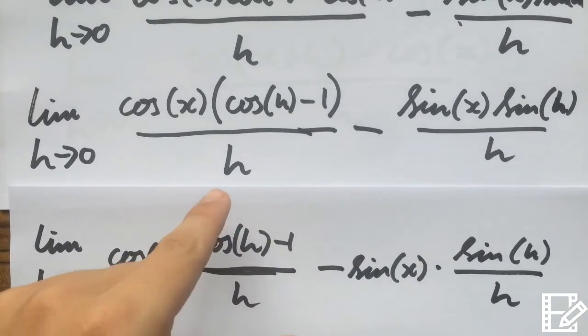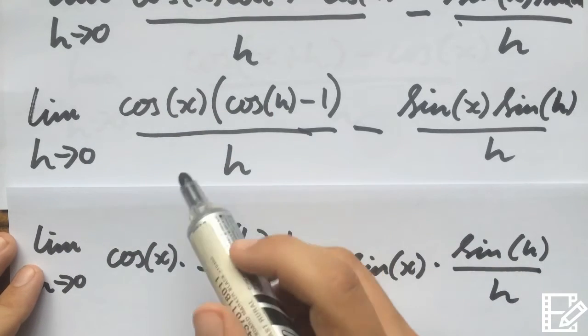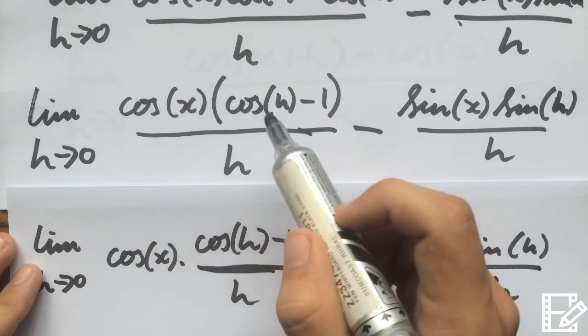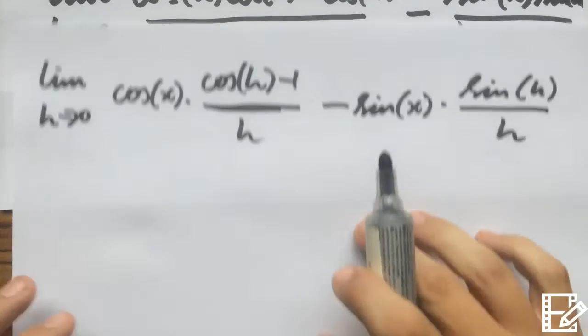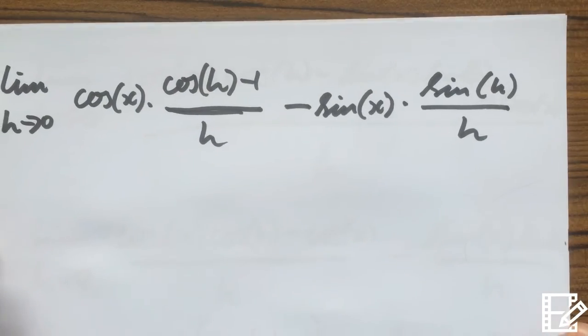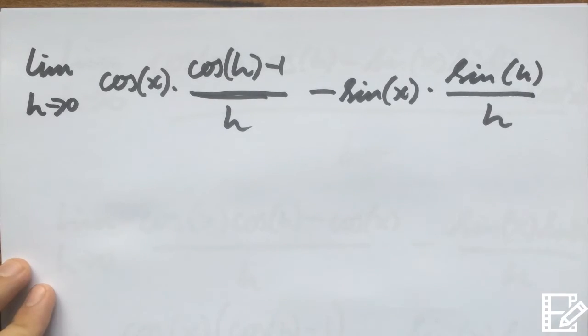These two are the exact same, by the way. Don't get confused, because we're still multiplying cos x onto this, and sin x is multiplied onto this. We're just making it look different. Most of this is just changing how things look in order to solve.